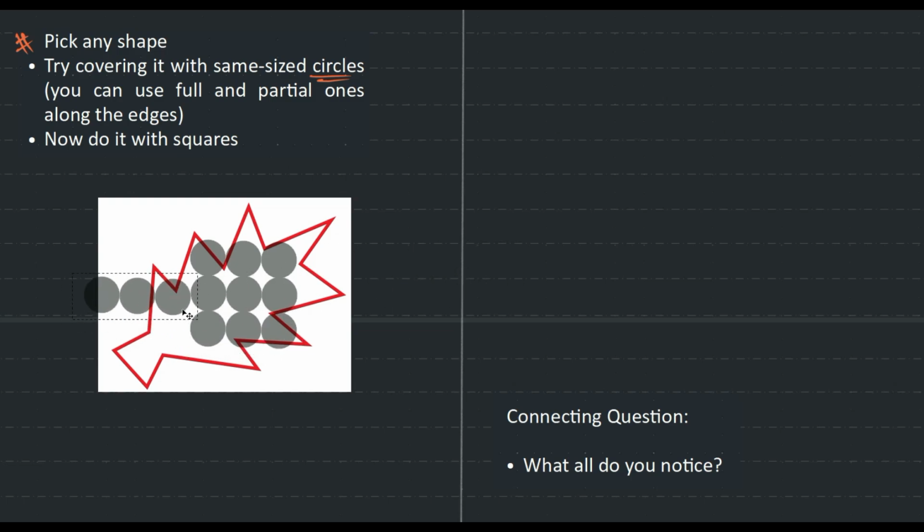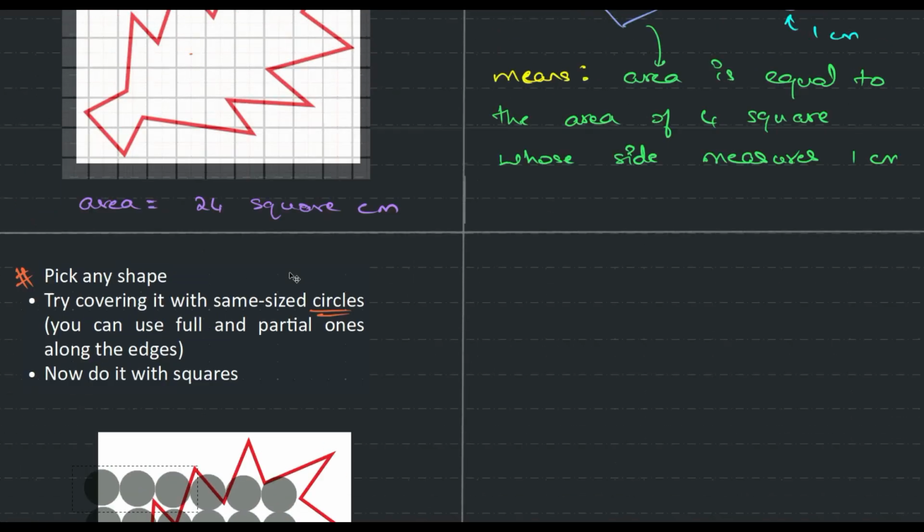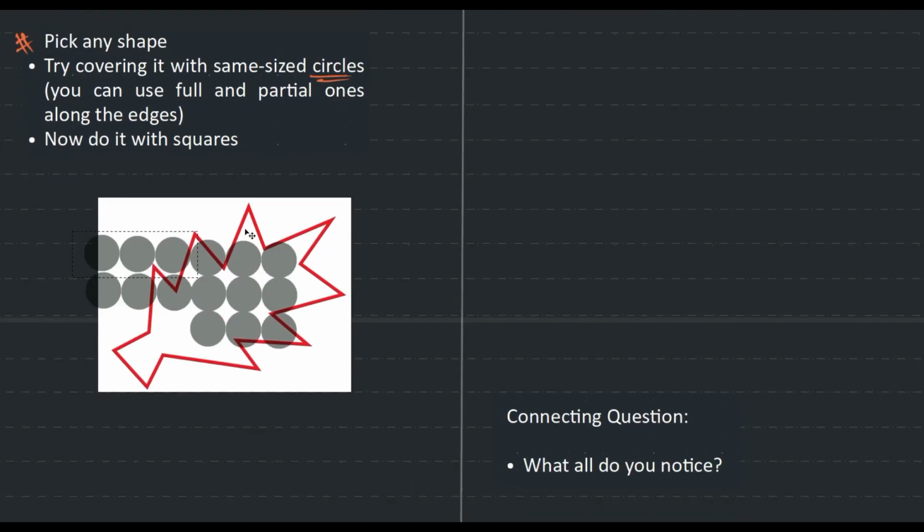Right? So this too looks like that square grid, like the graph paper we saw over here. This too looks like that. But there is an issue. Can you see the issue? Or is there no issue at all? Is everything okay over here? What do you think?